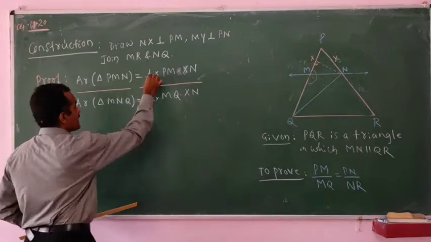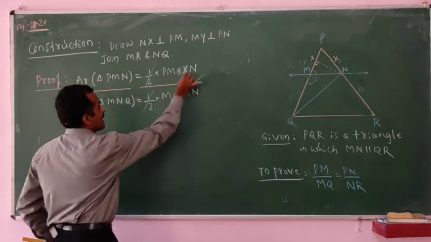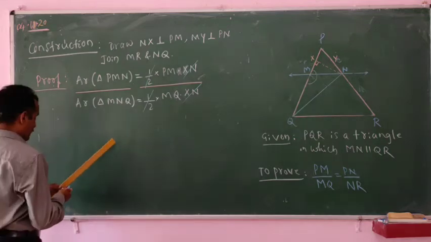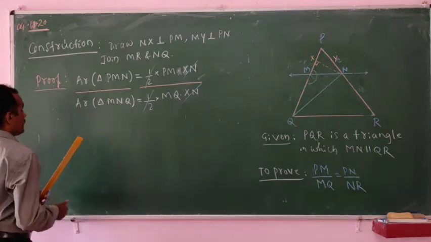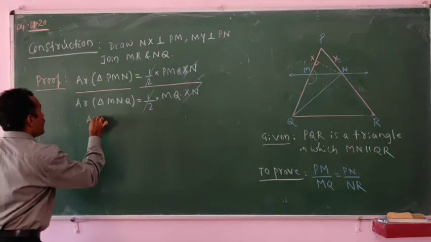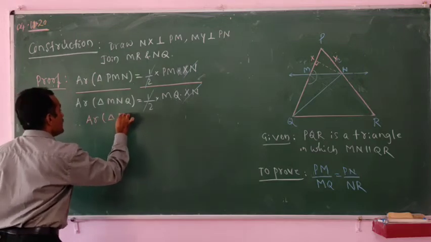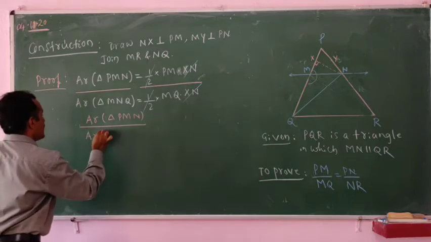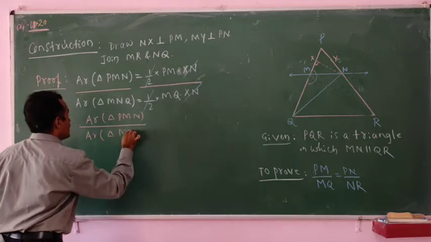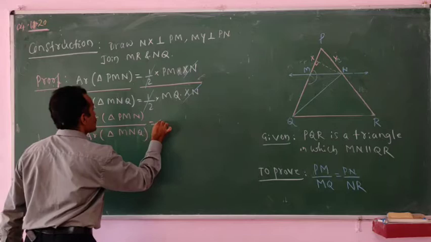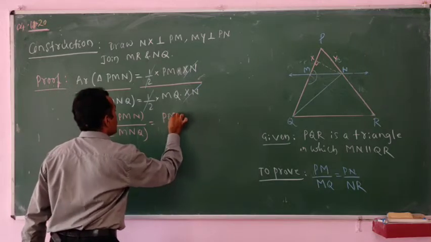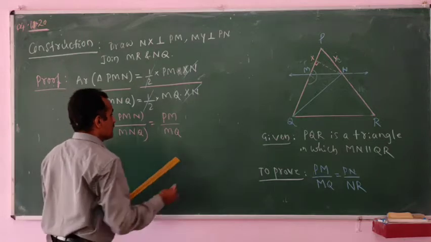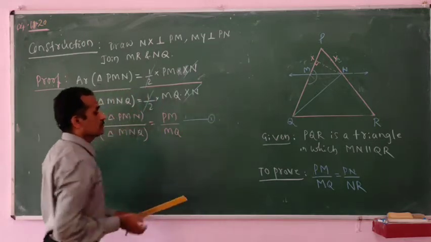Your half gets cancelled, XN gets cancelled, and I can write therefore area of triangle PMN divided by area of triangle MNQ is equal to PM divided by MQ. Call this equation number 1.